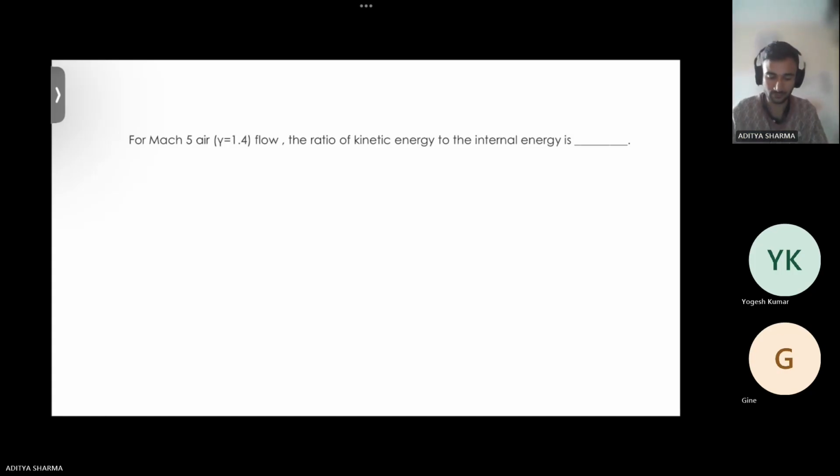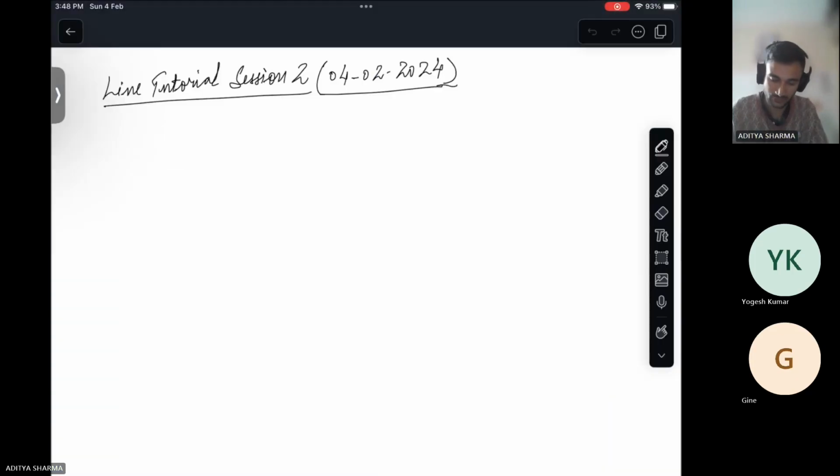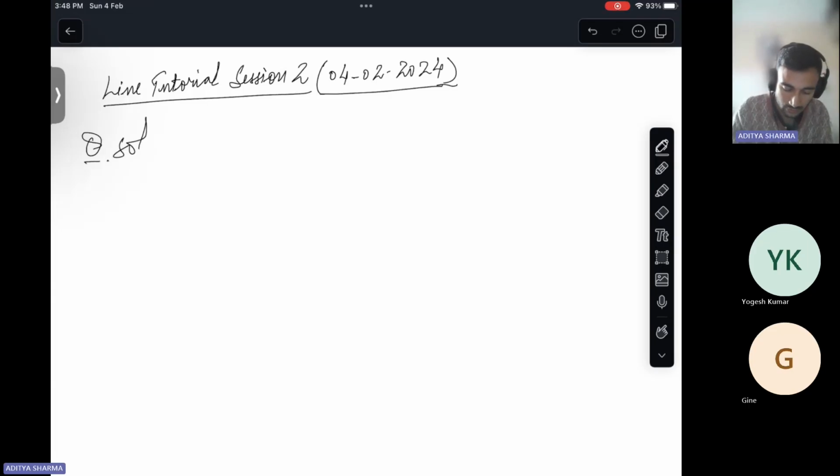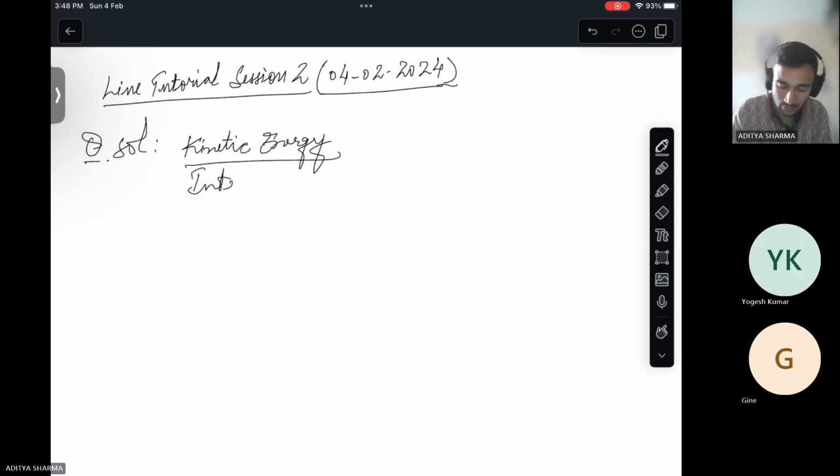We'll solve this. So we have our question and the solution. We have been asked kinetic energy divided by what? Internal energy, right?